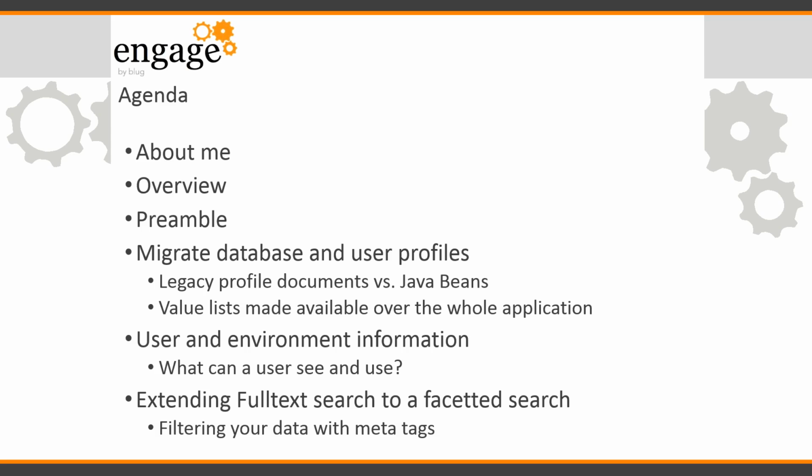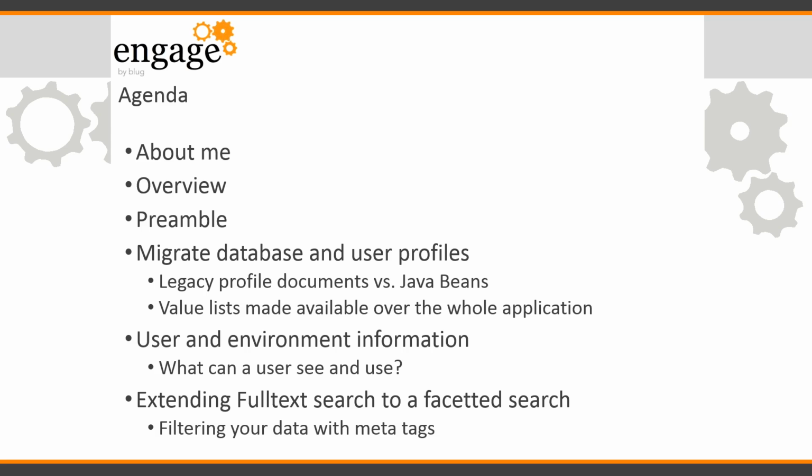The next part shows how to populate value lists all over the application for forms and views. The next main part is gathering user information and environment information from the user, the logged-in user or the not logged-in user, or information from the whole Domino environment.